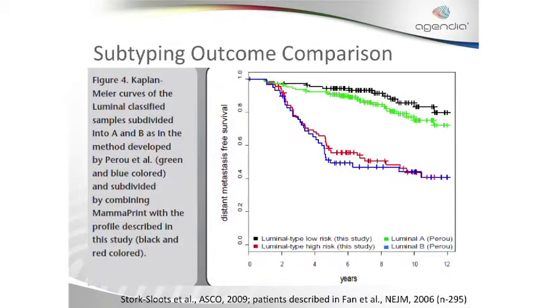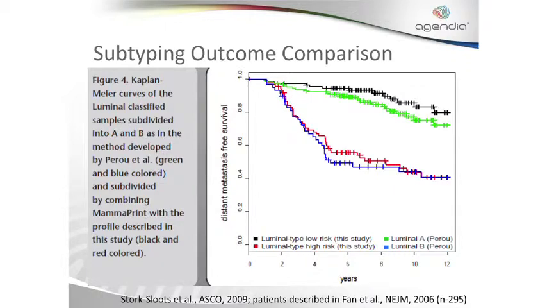This is probably an even better demonstration, with the red and the black representing the MammaPrint evaluation for luminal A and luminal B versus the Perou designation, which is the green and the blue.